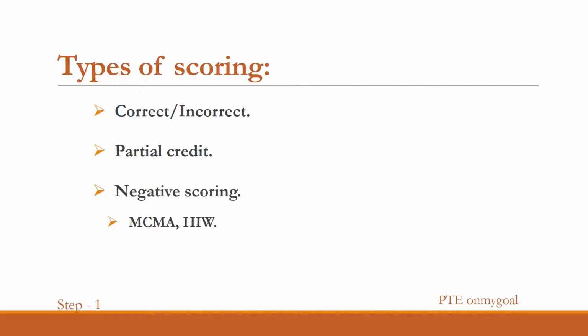The third one is negative scoring. You don't have to worry much about it. You have to make sure that you are aware of it, because you should not be guessing the answers for these two questions. Basically, only two questions have this negative marking, which are multiple choice, multiple answer, and highlight incorrect word. And the other best part is these negative marks will not be carried over to the other question or other sections.